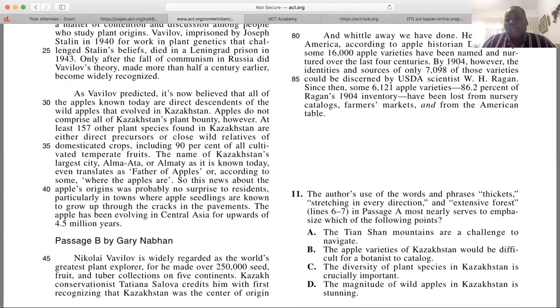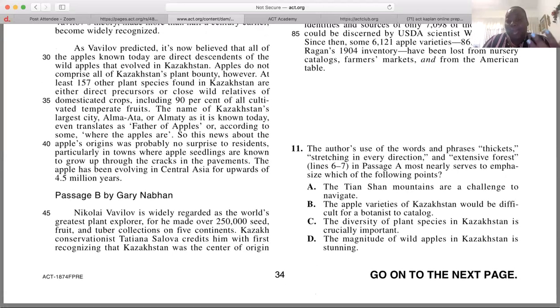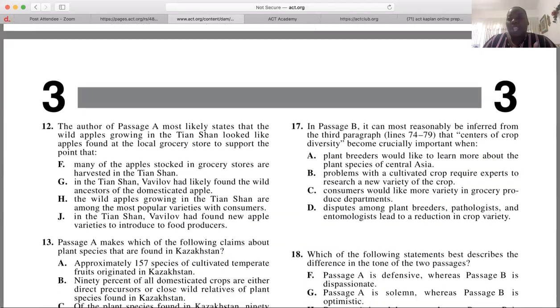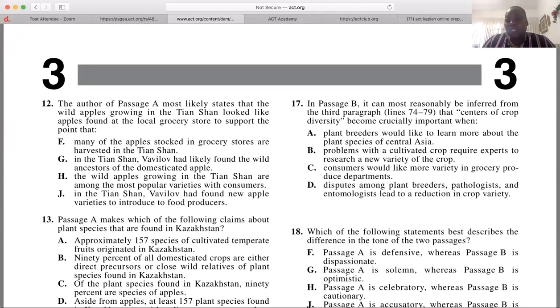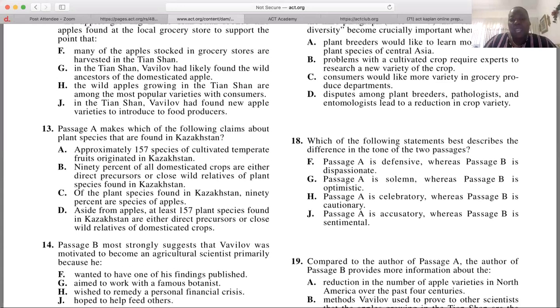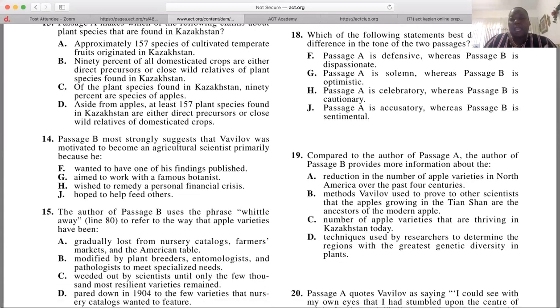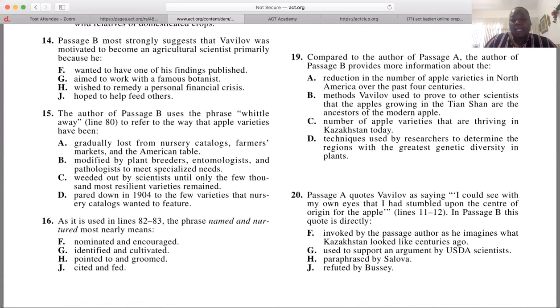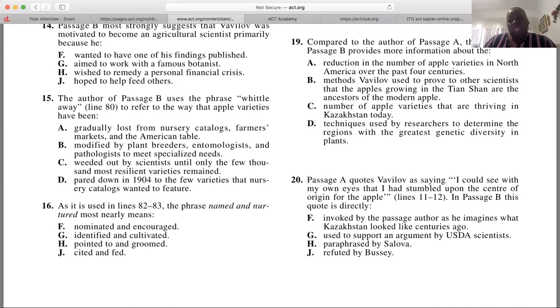So on number 11, passage A, lines 6 through 7. Number 12, it tells us passage A. 17, passage B, lines 74 through 79. 13, passage A. 14, passage B. 19 is a comparison between passage A and B. 15, line 80. 16, lines 82 through 83. And 20, lines 11 through 12.